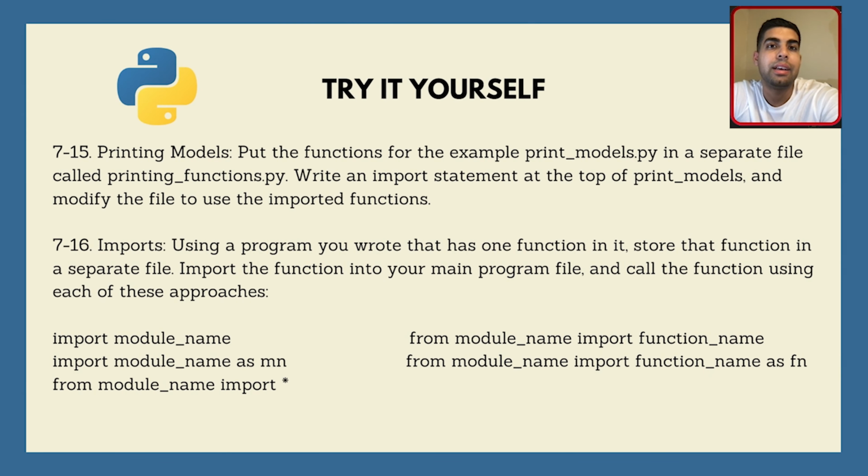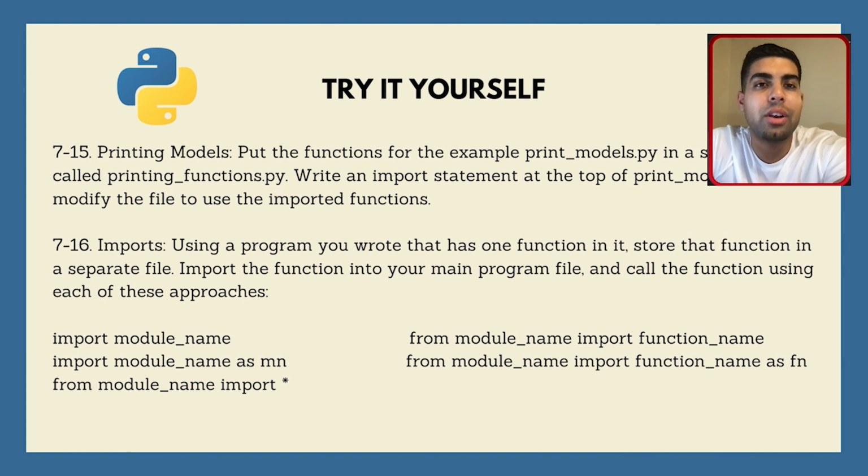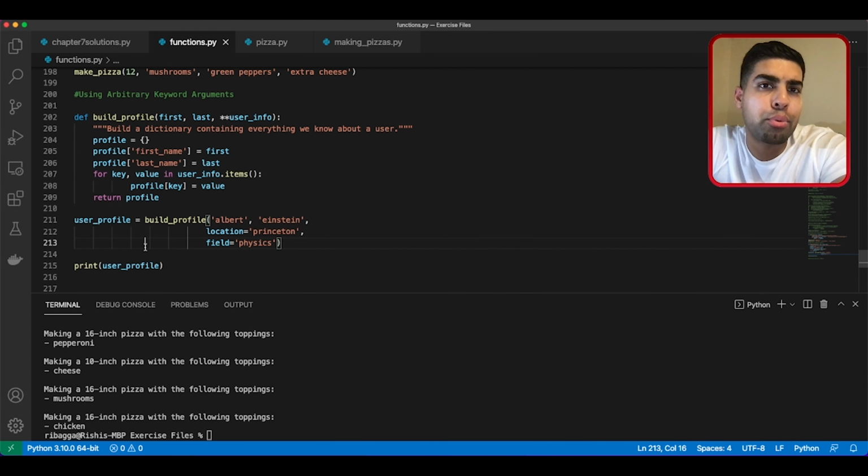So take a look at the code on the screen now and try to go ahead and work on your printing models function or imports and see how we can simply import the function within your main program and then call the function using any of these approaches. And choose any 3 programs that we've written in today's video and make sure they follow the same guidelines that I've stated out. Amazing. So that brings us to the end of our functions chapter.